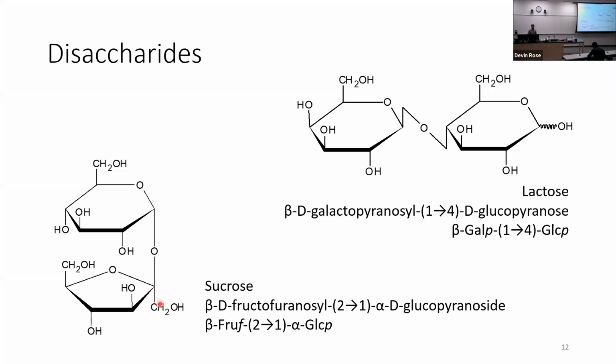And that is linked at the 2 position, where its ketone was, to the 1 position on glucose. This 1 position. Fructose, this hydroxyl group is up, so it's beta. And this hydroxyl group is down, so it's alpha. So this is beta fructose and alpha glucose.